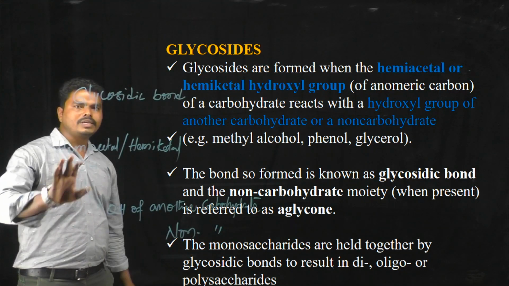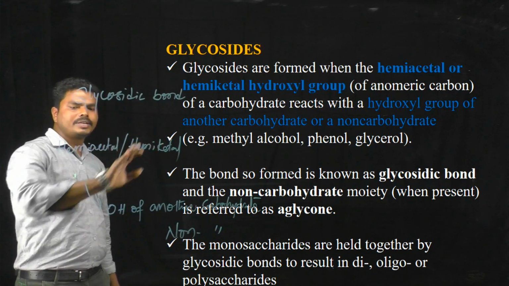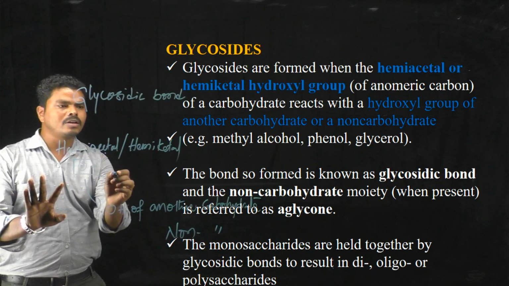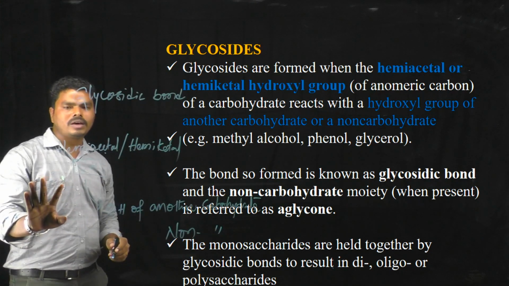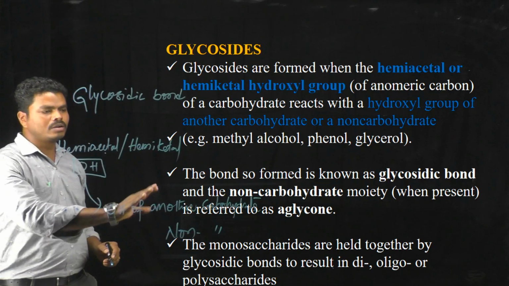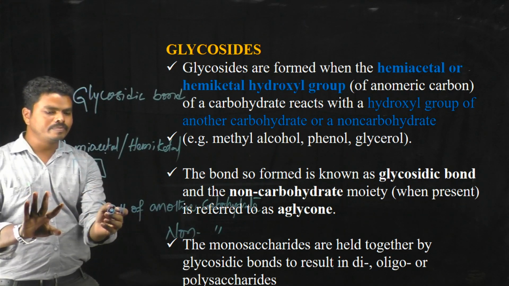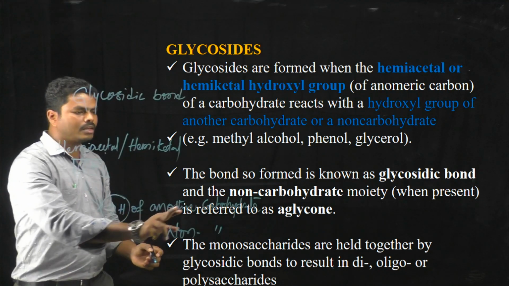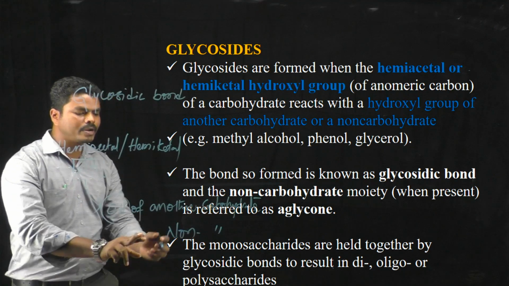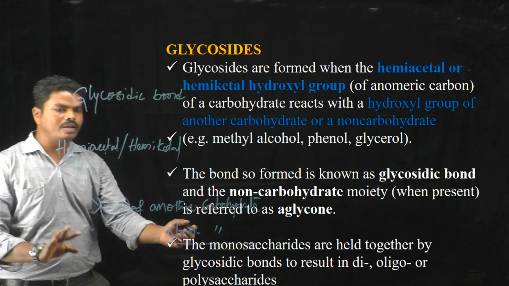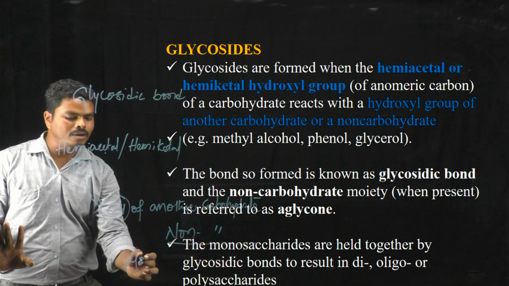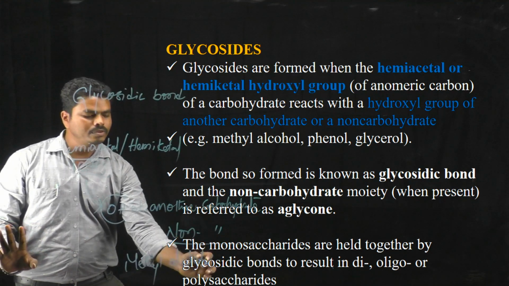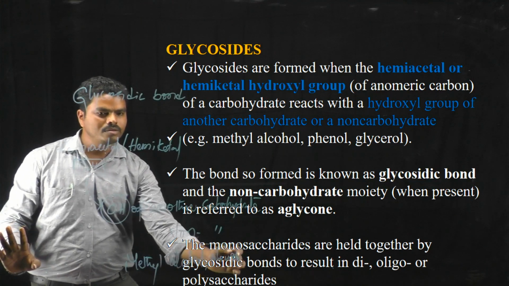So there is a glycosidic bond. That glycosidic bond is present between the hydroxyl group of a hemiacetal or hemiketal of one carbohydrate with another hydroxyl group which is present in another carbohydrate moiety, or it may be present in a non-carbohydrate, for example in the case of methyl alcohol, phenol or glycerol.